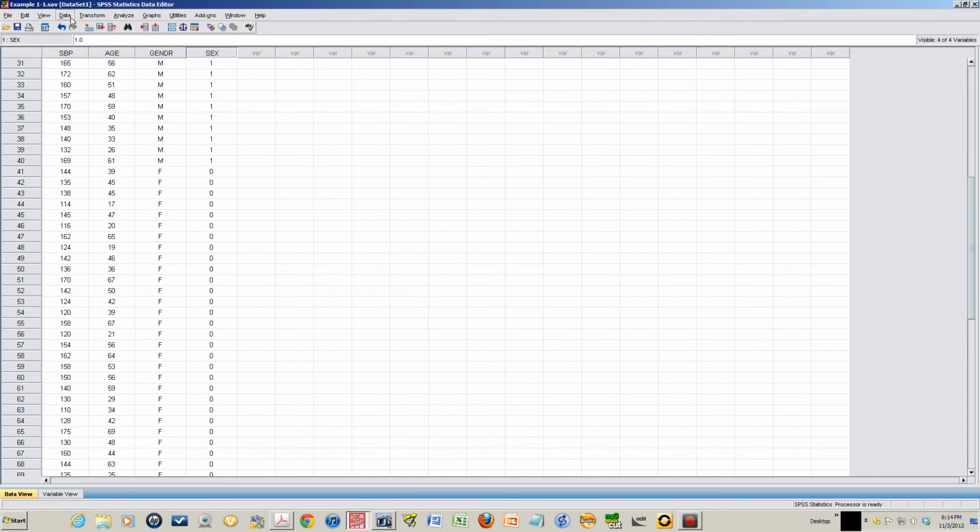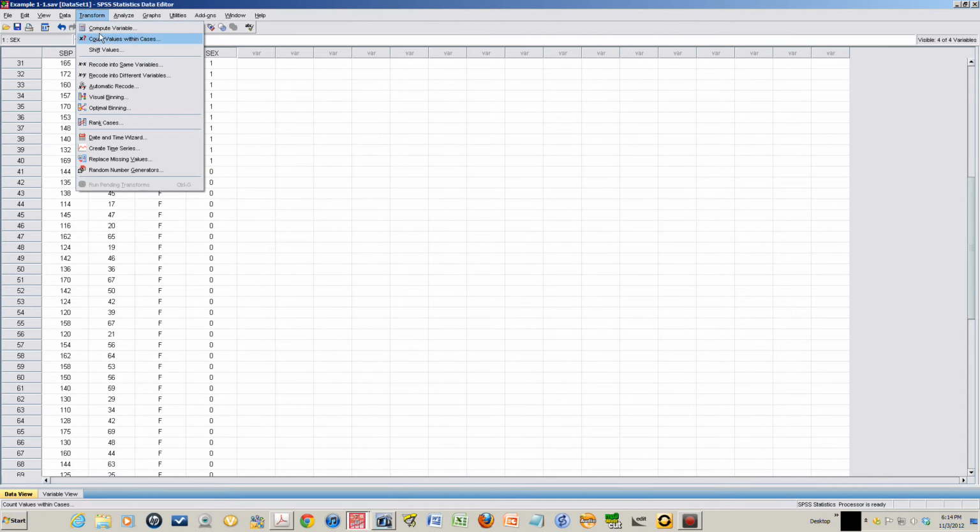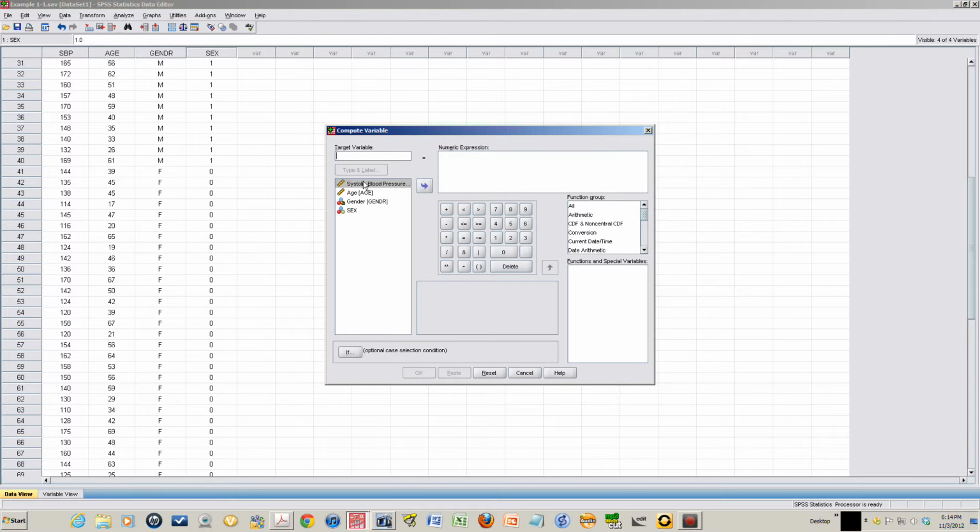Here I click on transform, and then compute variable. This time I have to come up with a new name for that interaction. In the note I have int, but a better name is age sex. Okay, like that, age sex.